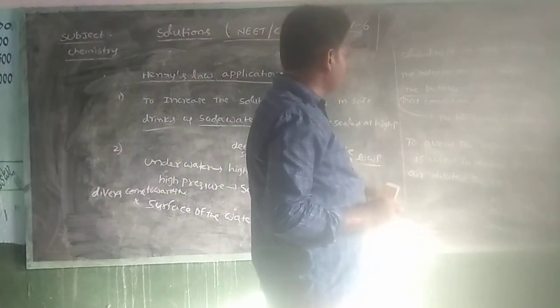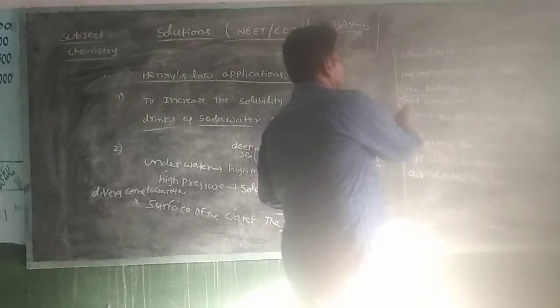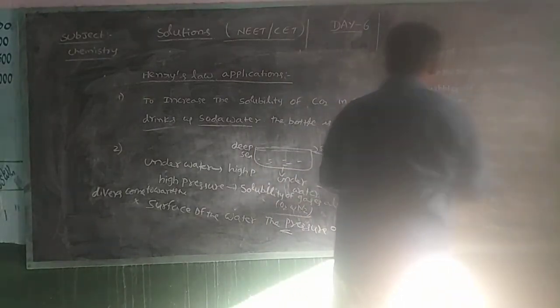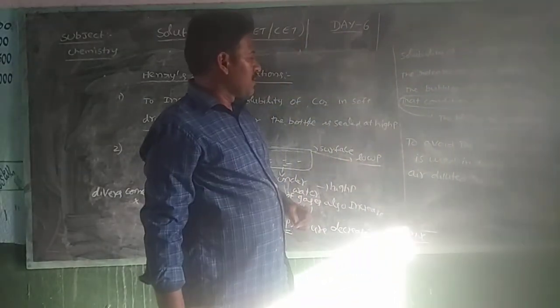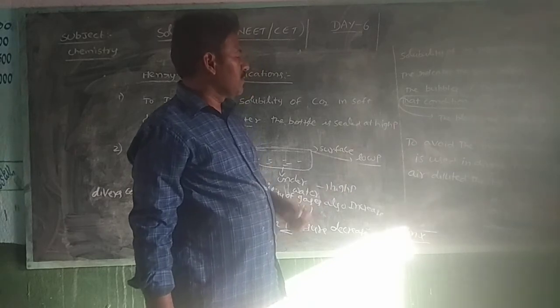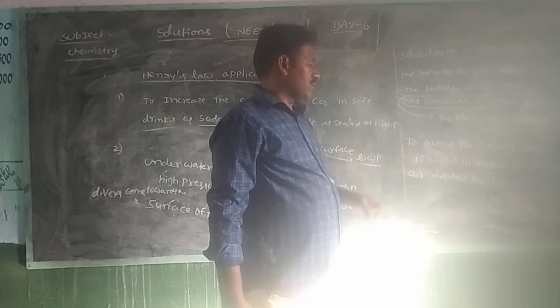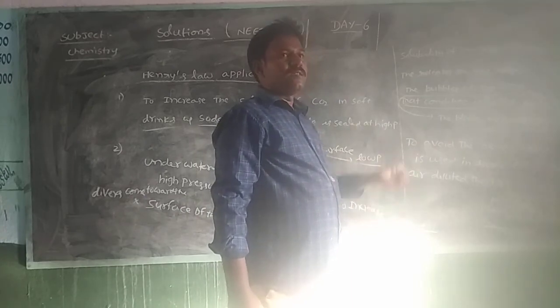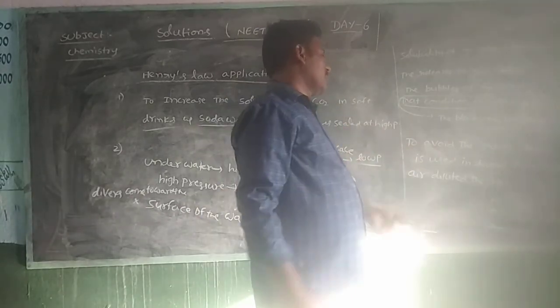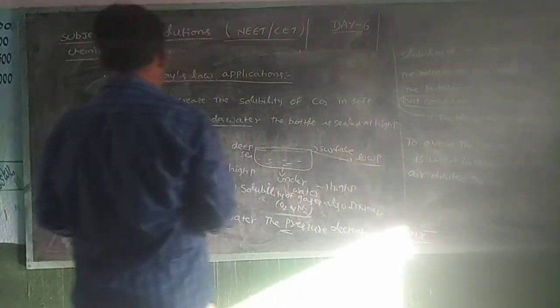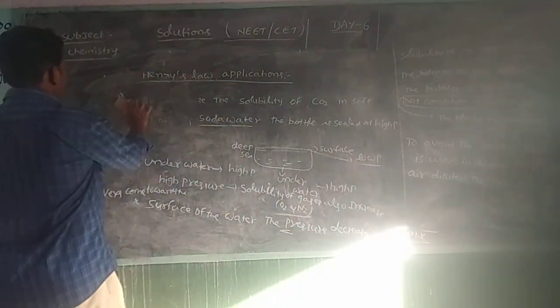That blocks the capillaries. That condition is called the bends. To avoid the bends, divers' tanks are filled with air diluted with helium, nitrogen and oxygen. This is the second application of Henry's law.